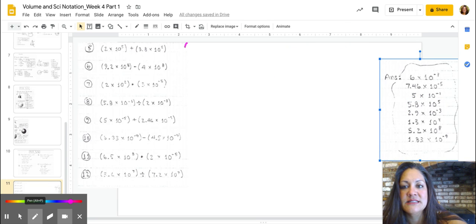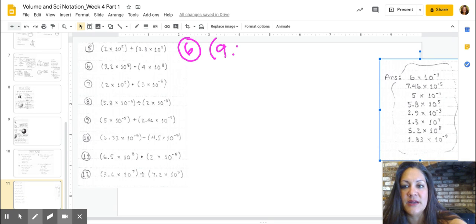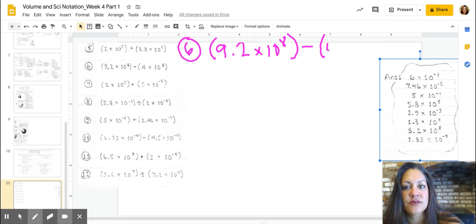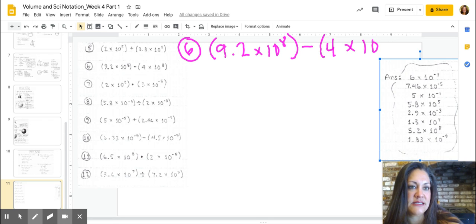Number 6, subtraction problem, 9.2 times 10 to the 8th minus 4 times 10 to the 8th. Yay, same power of 10. So we're just going to go 9.2 minus 4.